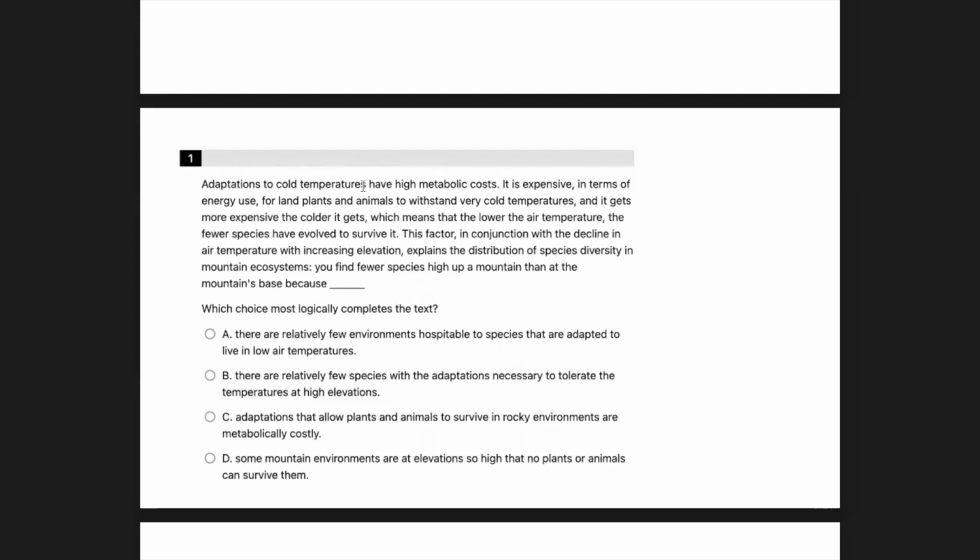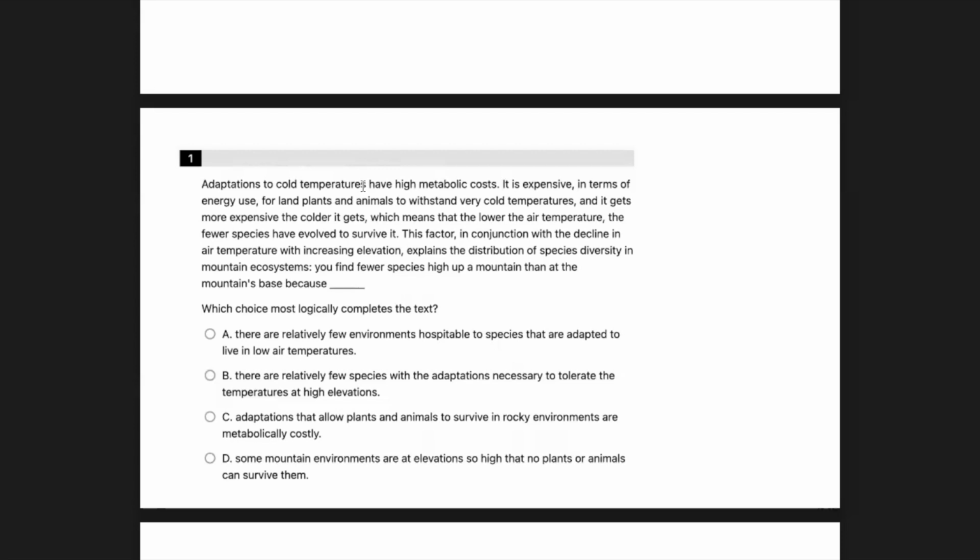Therefore, if you have a particular environment in which you get different temperature environments, it is quite likely that in the colder environment, you will find fewer creatures and more creatures in the warmer environment.